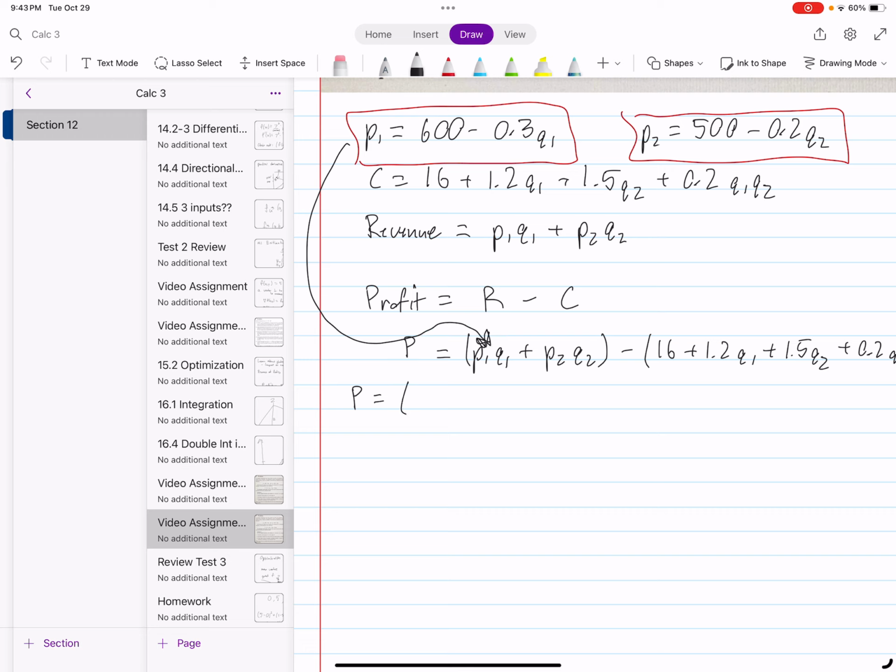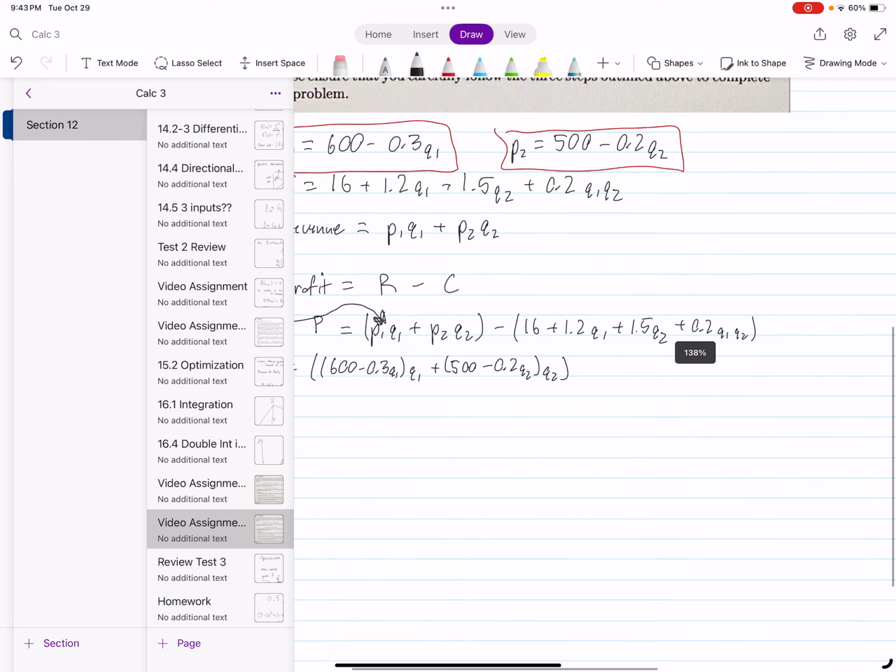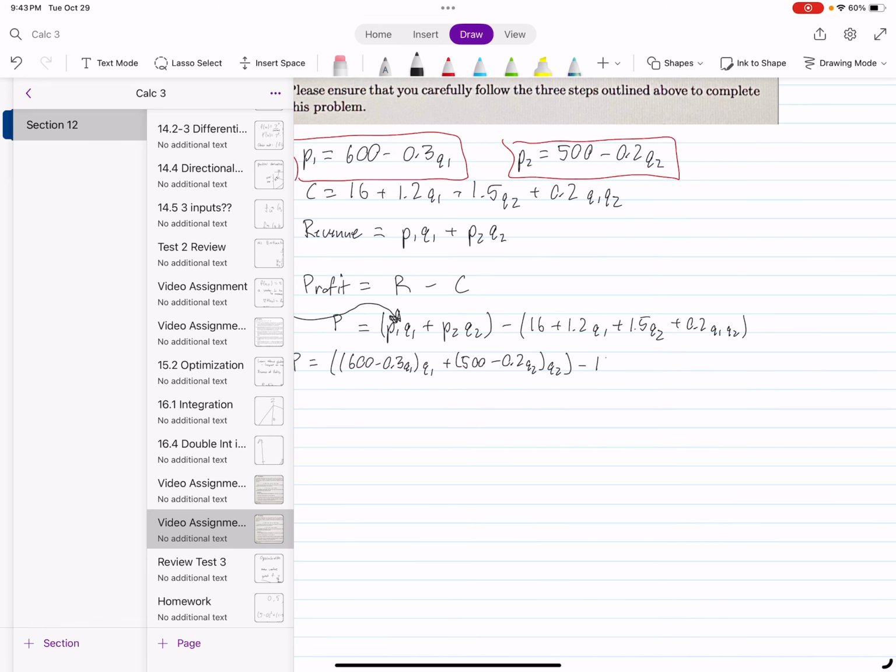So we have parentheses, 600 minus 0.3 Q1 times Q1 plus parentheses 500 minus 0.2 Q2 times Q2. And then we'll go ahead and distribute that negative. Minus 16 minus 1.2 Q1 minus 1.5 Q2 minus 0.2 Q1 Q2.